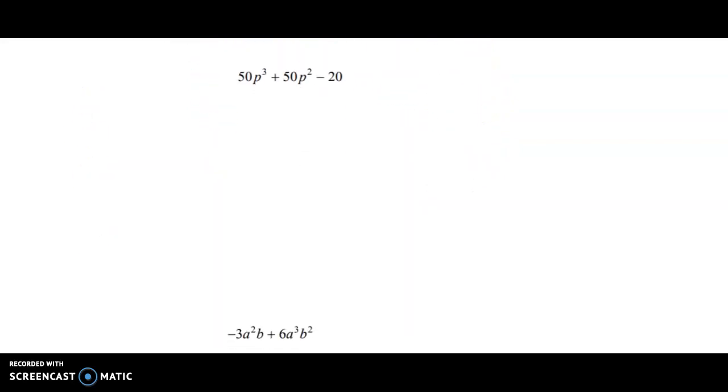Example 5. We check for greatest common factor first. Yup, I see a bunch of zeros, so I know there's something in common here. What do 50, 50, and 20 share? That would be 10. Let's check our variables now.